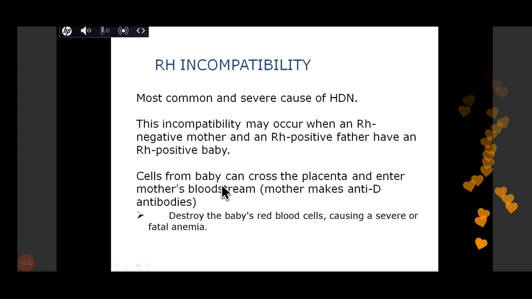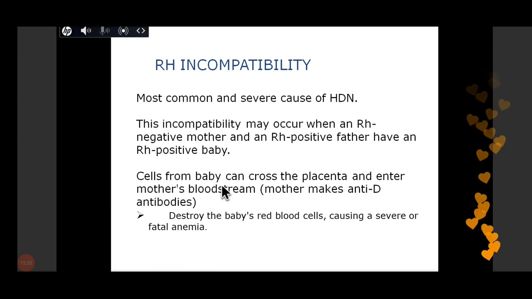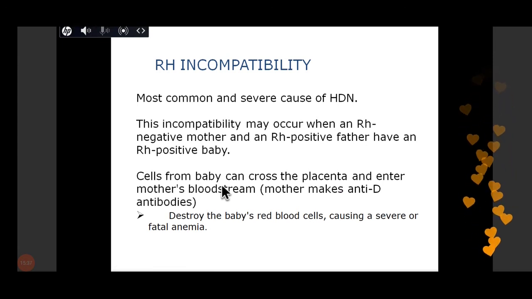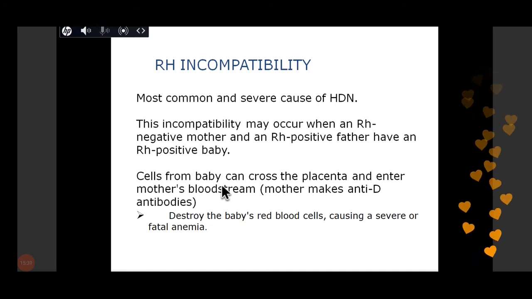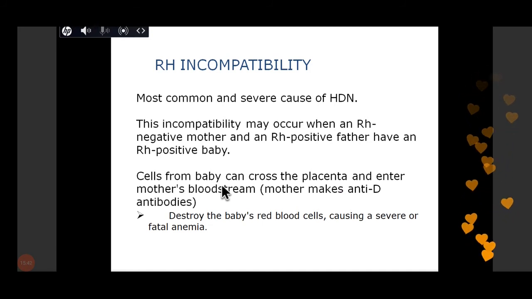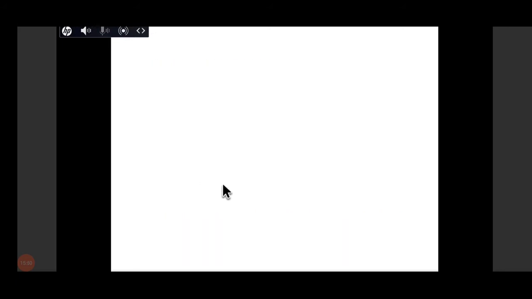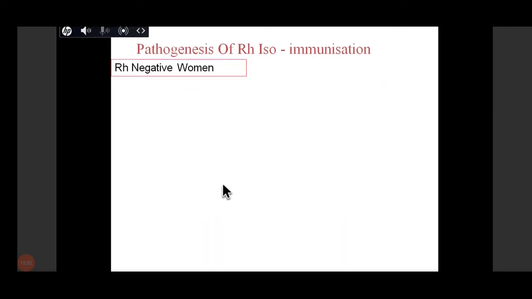So this is what happens in Rh incompatibility, and as I said, you will mainly come across it in gynae ANC visits when the mother is Rh negative and the father is Rh positive. The first baby is usually normal in them.